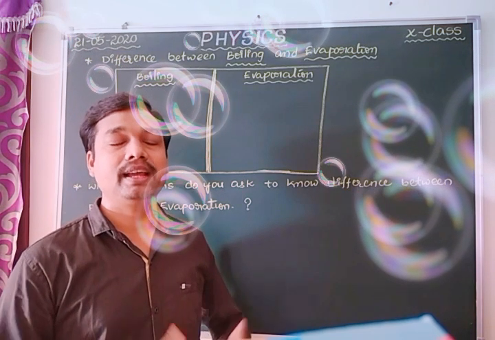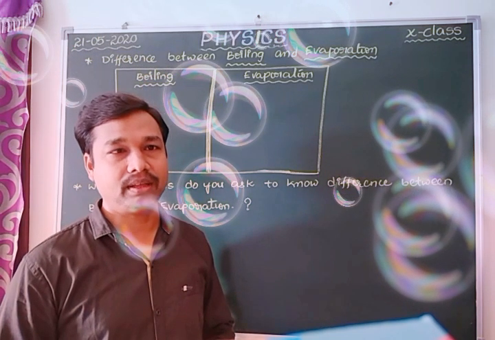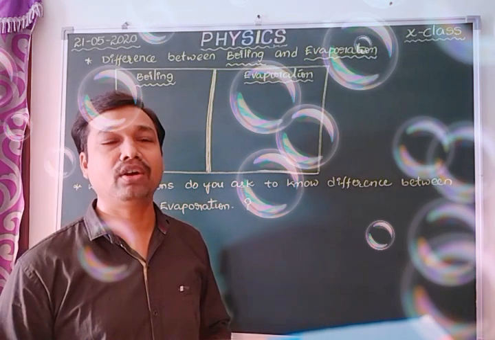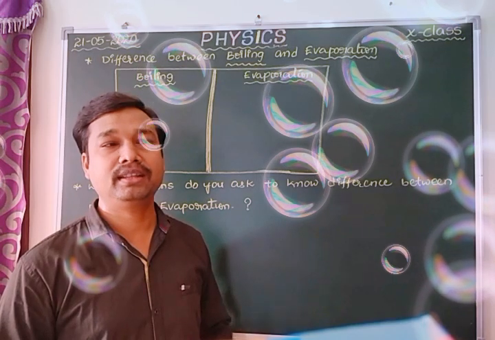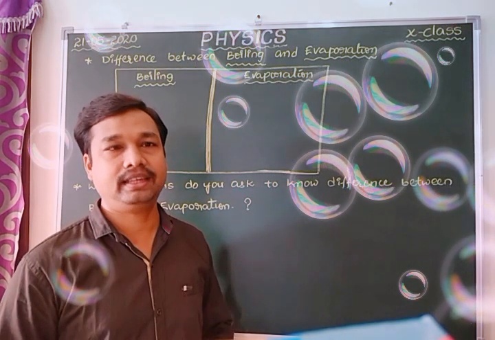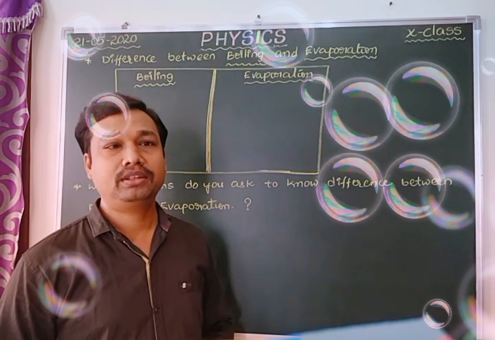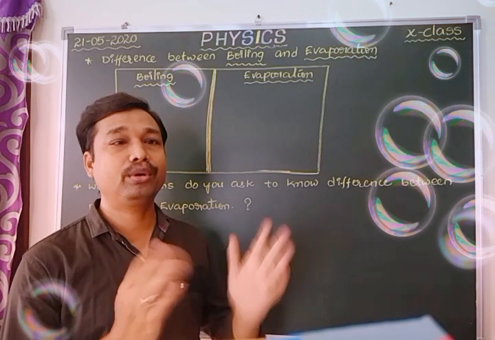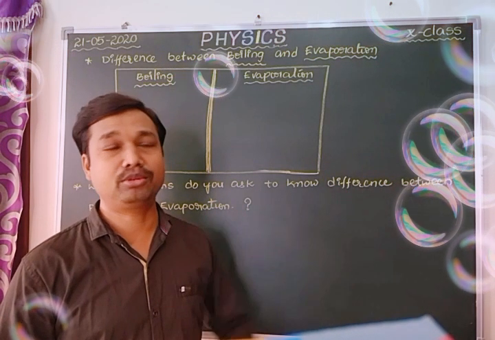Where are the gaseous molecules coming from? Water is a combination of hydrogen and oxygen, which are gases. We are supplying heat energy continuously to break the bonds and make them gaseous molecules.